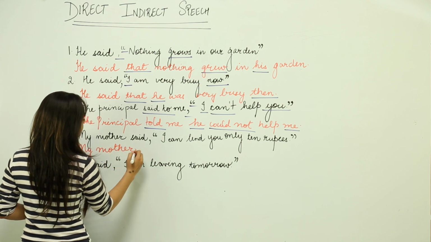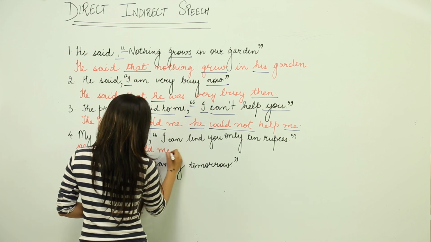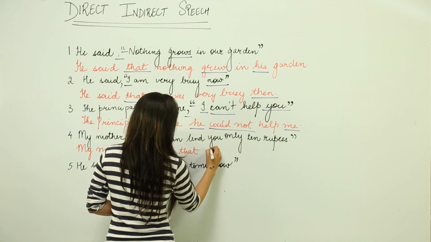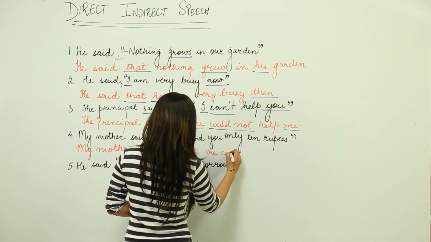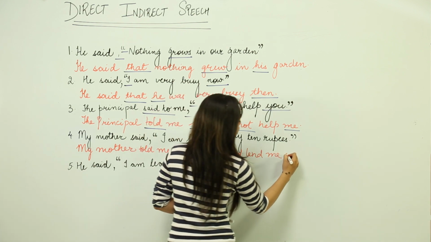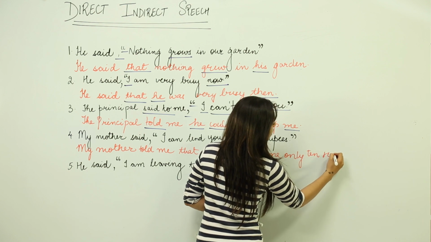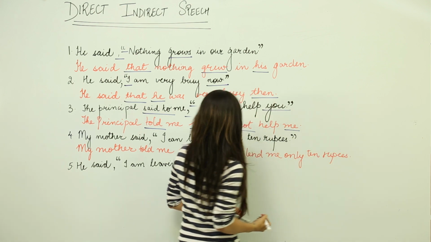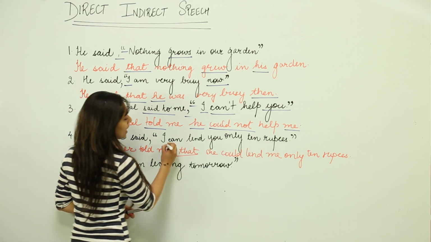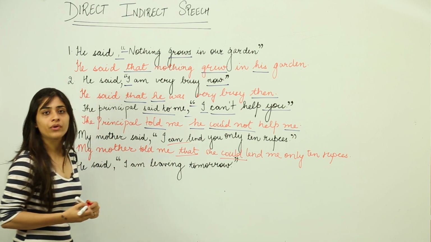My mother told me that she could lend me only 10 rupees. Again the same theory, that is added, can gets converted into could, and the change of personal pronouns.